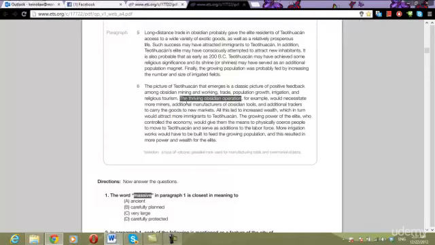The picture of Teotihuacan that emerges is a classic picture of positive feedback among the obsidian mining and working, trade, population growth, irrigation, and religious tourism. The thriving obsidian operation, for example, would necessitate more miners, additional manufacturers of obsidian tools, and additional traders to carry goods to new markets. So this sentence is an example of what's stated in the previous sentence.